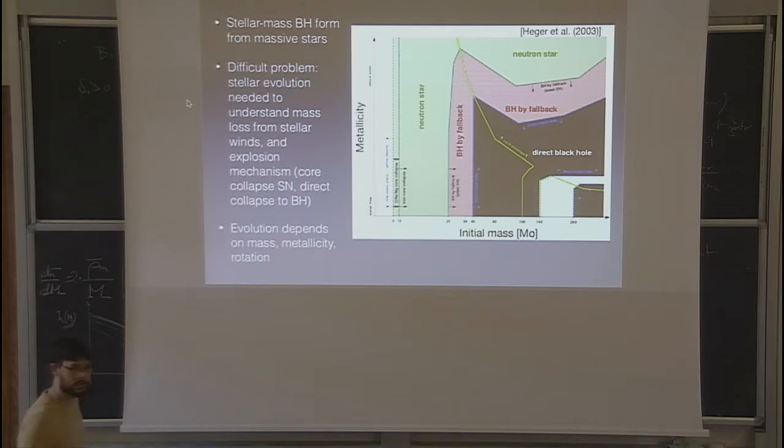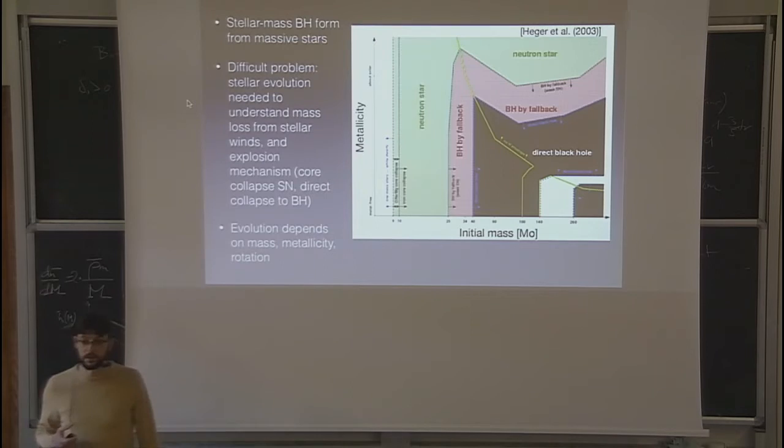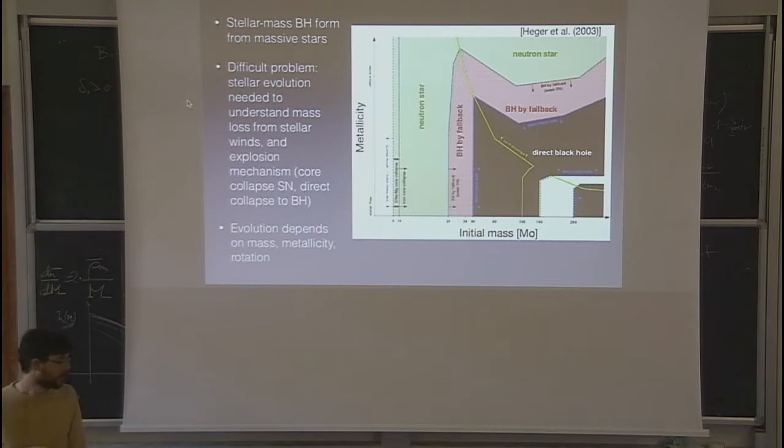In fact, we have an example, the Crab Nebula, in which we know that a neutron star was formed. And whether a supernova ends its life as a black hole or a neutron star depends very much on the initial mass of the star, the metallicity of the star. Metallicity in astrophysics means anything heavier than helium.